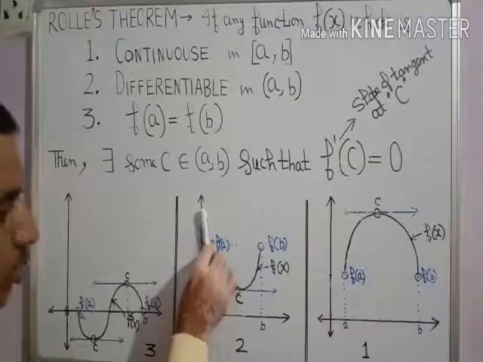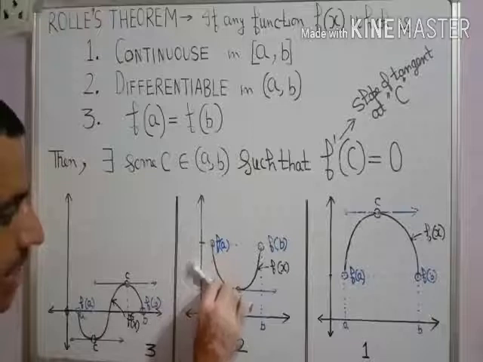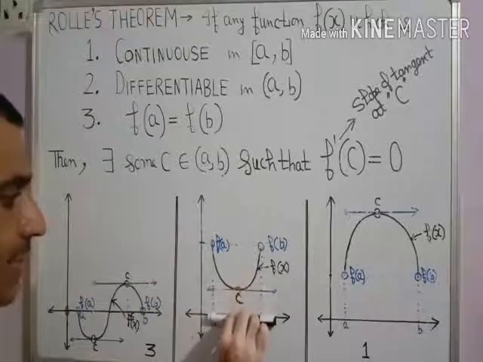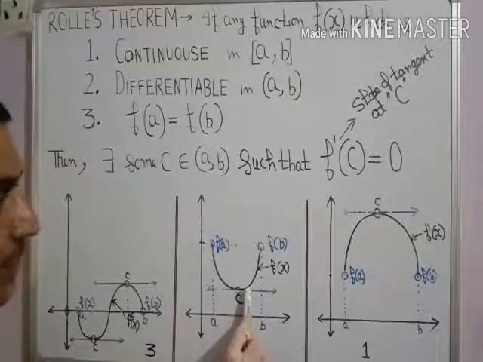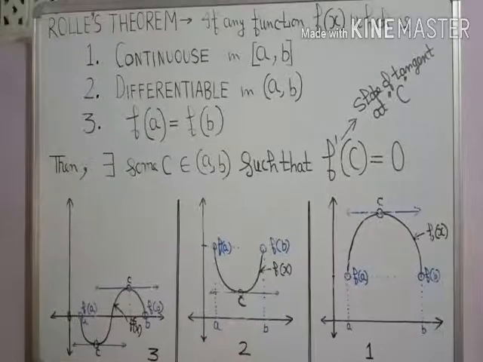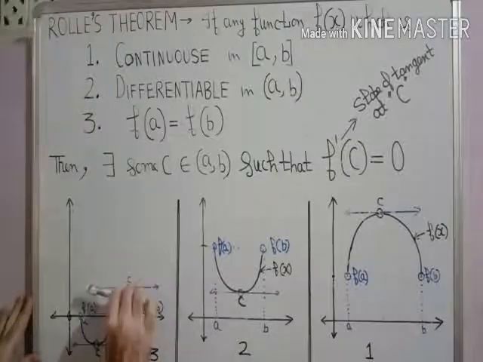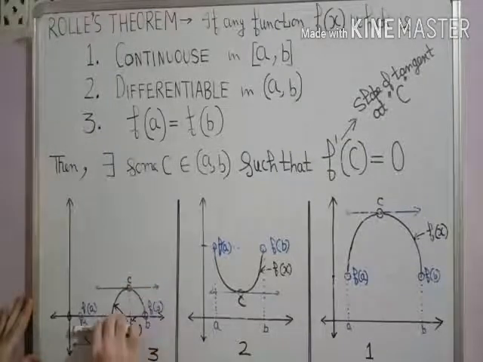And in the second case also we are getting one c where we are getting a tangent parallel to the x-axis. I mean the slope of this tangent equals 0. And in the third case also we are getting some c here where the tangent is parallel to the x-axis.